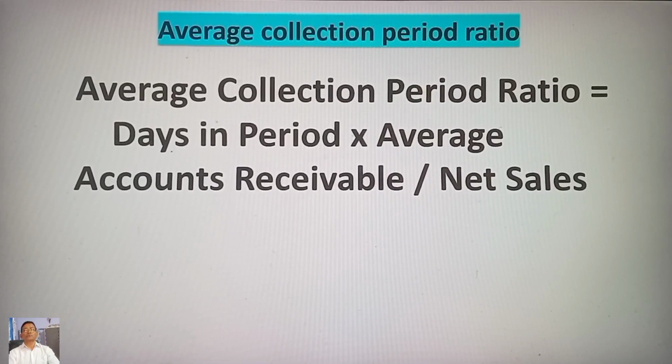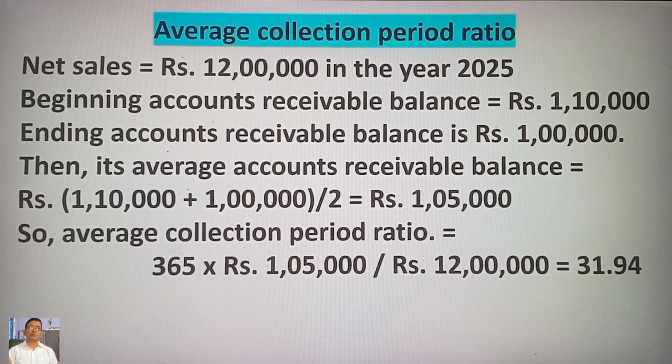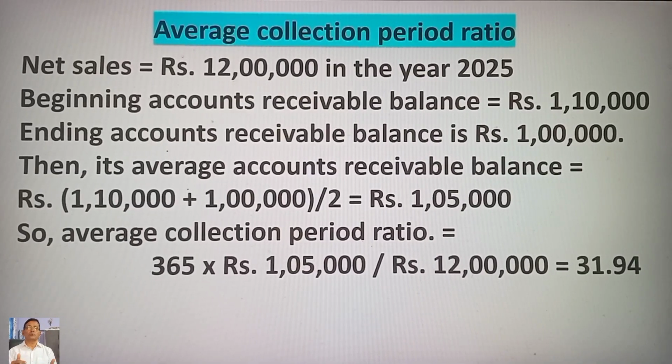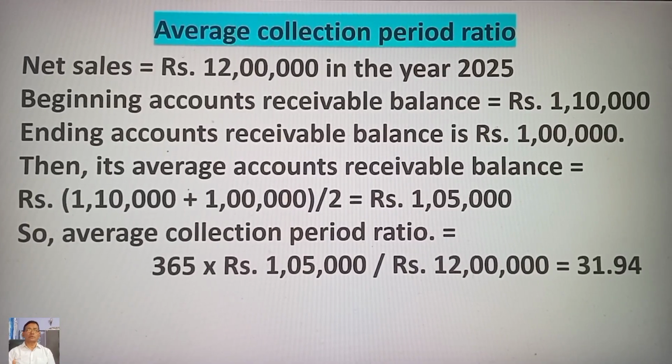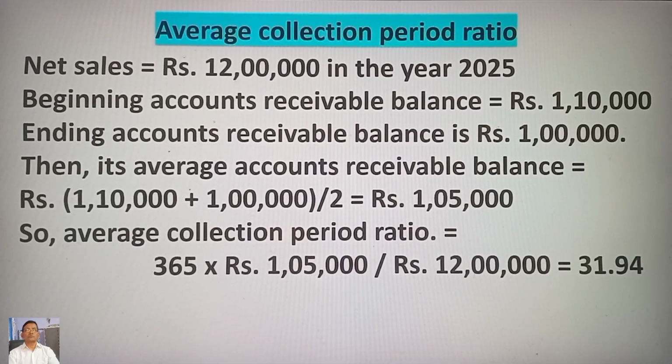As for example, if a company's net sale is rupees 12 lakh, beginning accounts receivable balance is rupees 1,10,000 and ending accounts receivable balance is rupees 1 lakh, then its average accounts receivable balance is rupees 1,10,000 plus 1 lakh divided by 2, which is equal to rupees 1,05,000.